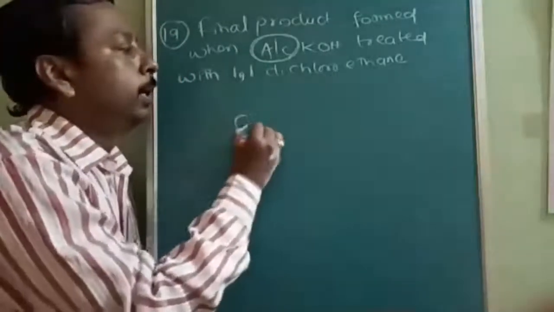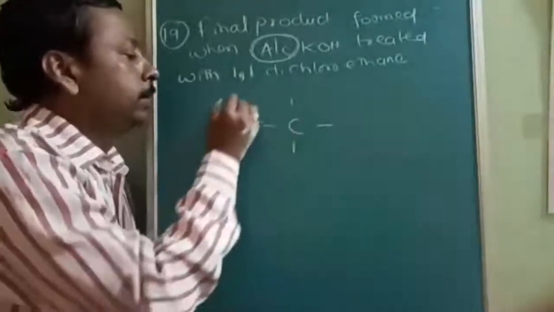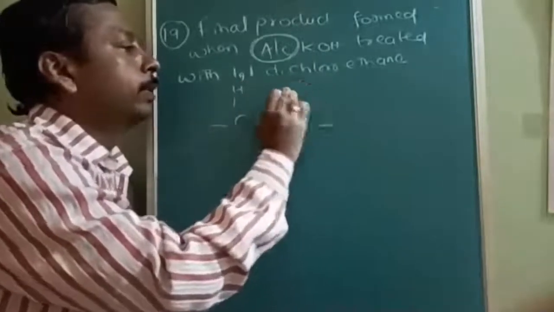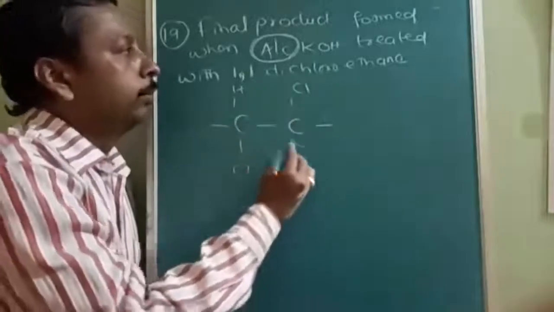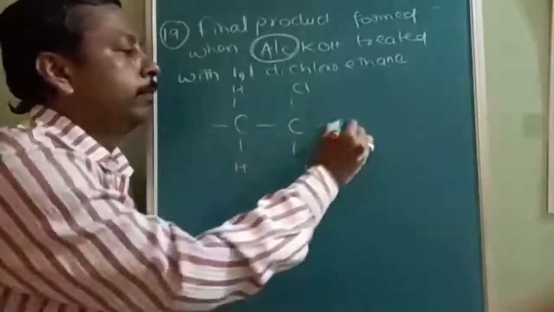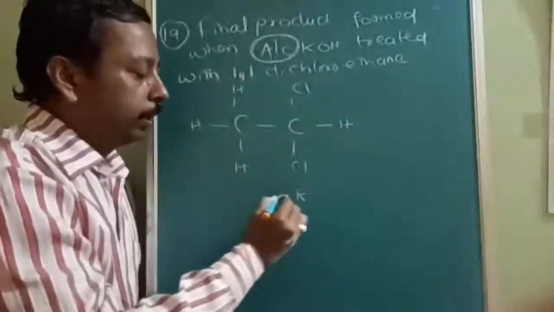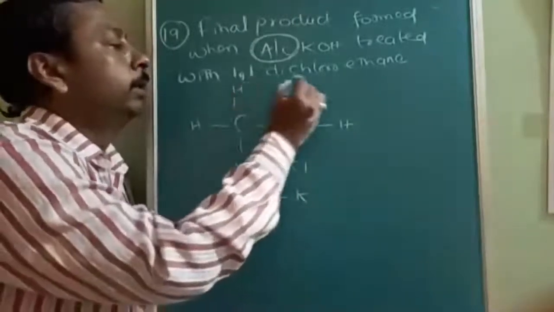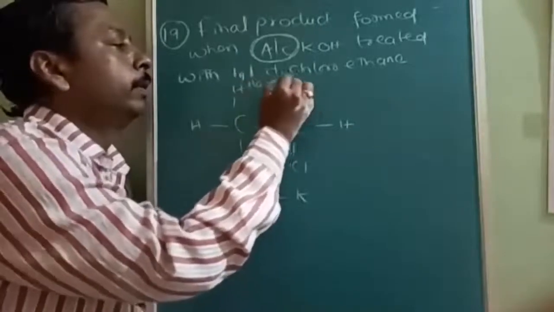Both appear to be the same, but they are different. So dichloroethane: I will write it in such a way that you understand it nicely. This is 1,1-dichloroethane. Then one KOH comes, and another KOH.